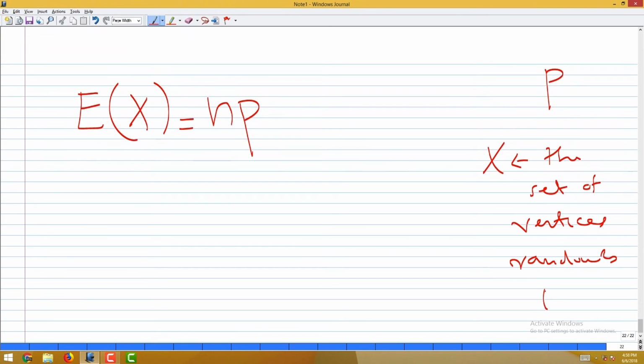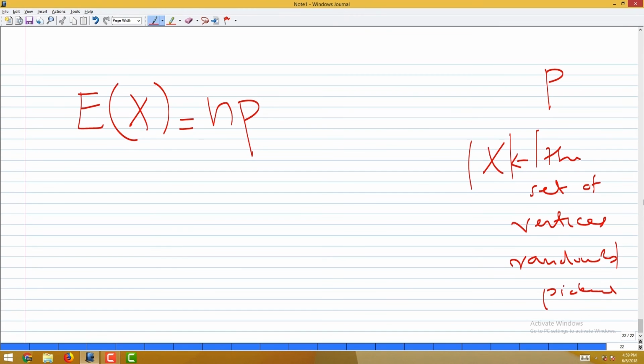So x being the set of vertices randomly picked, the cardinality of that x. Now the only problem is this may not be an independent set, otherwise I could have told that an np sized independent set exists. It is not true, because you just randomly picked up some vertices, there can be edges inside that.